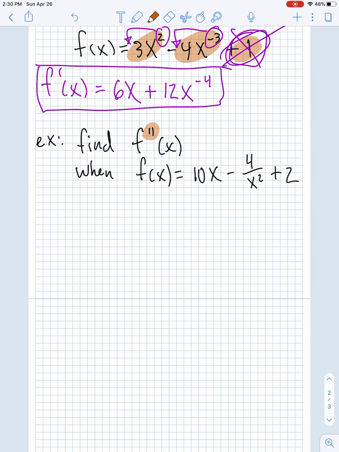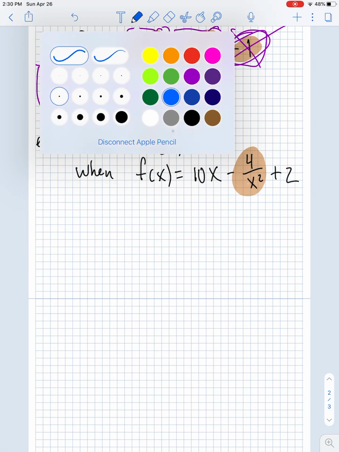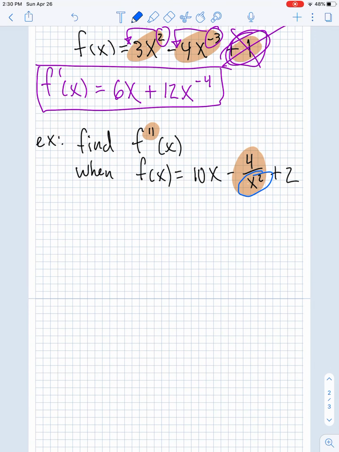The thing that's a bummer about this problem is that this is not in the right form. The classic mistake I'll see from students is they'll try to run a power rule just in the denominator, like they'll bring the 2 out in front, but you can't do that. What you have to do is move this back upstairs and make it a negative exponent.